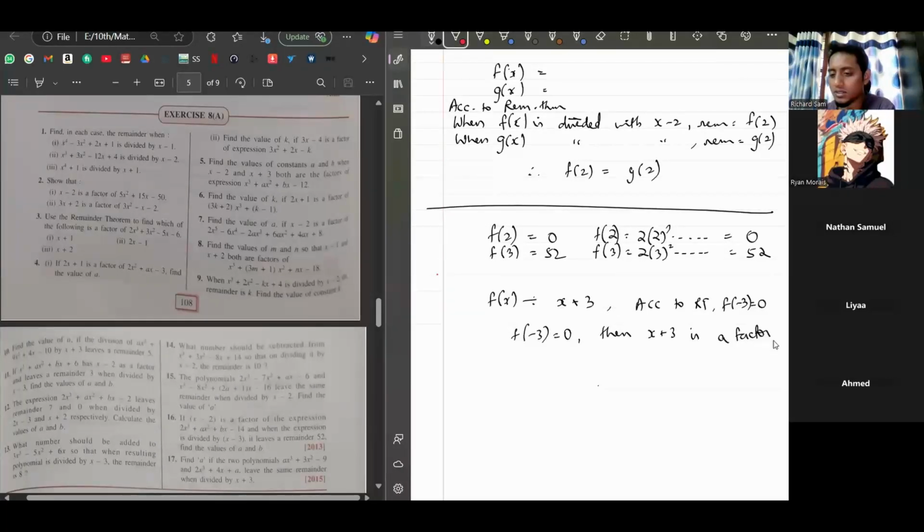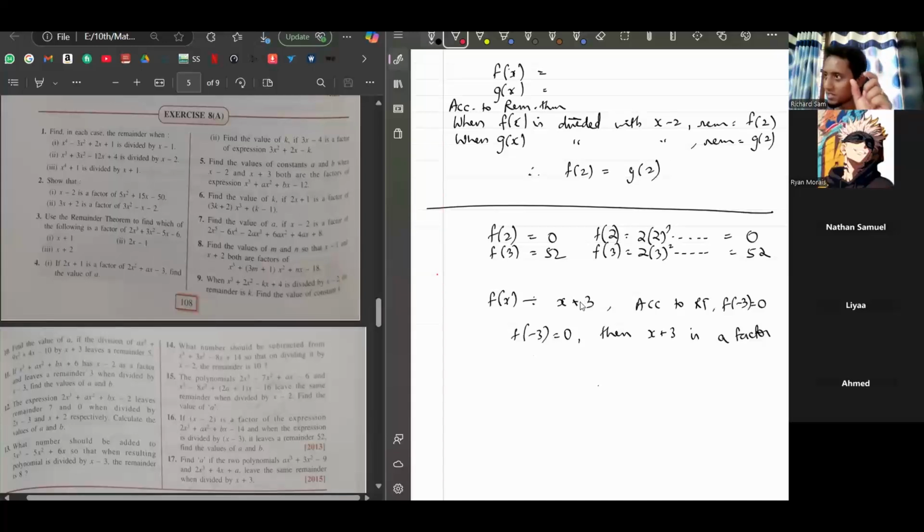Factor. Correct or not? Okay, once again, according to remainder theorem, if you're dividing f of x with x plus 3, then f of minus 3 is the remainder. When is f of minus 3 0?